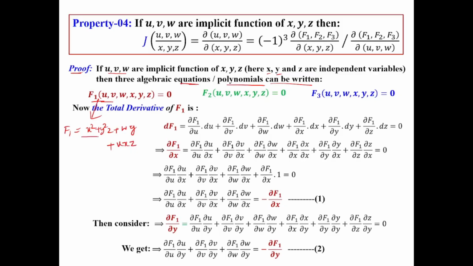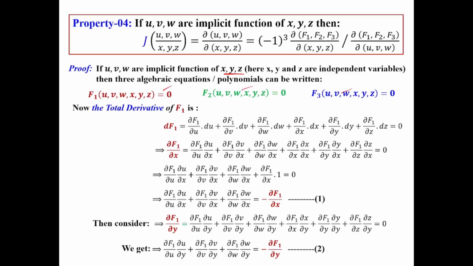That means a mixed type of polynomial, where you can find all values x y z w u v, equal to 0. This type of polynomial will be automatically constructed if this condition is given. That means if u v w are implicit functions of x y z, then three polynomials will be constructed automatically.